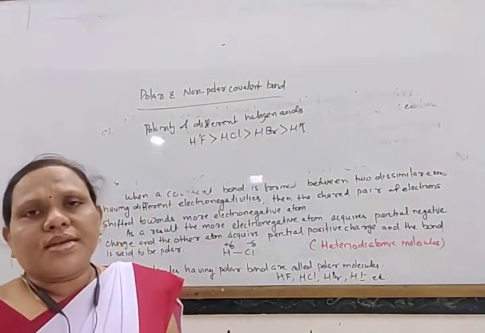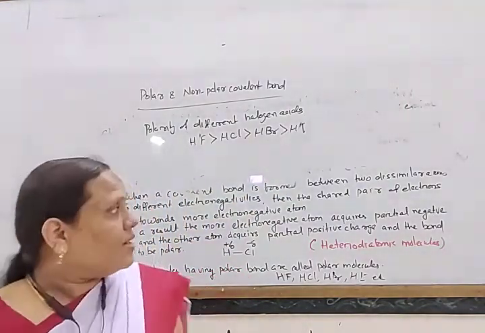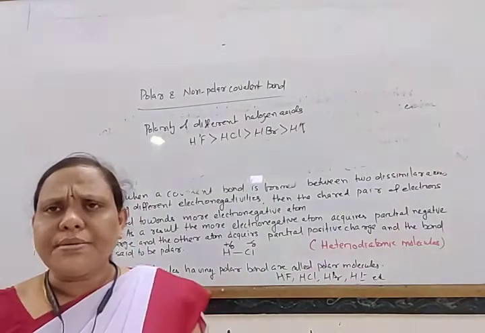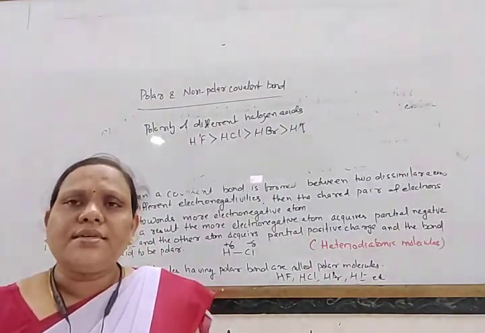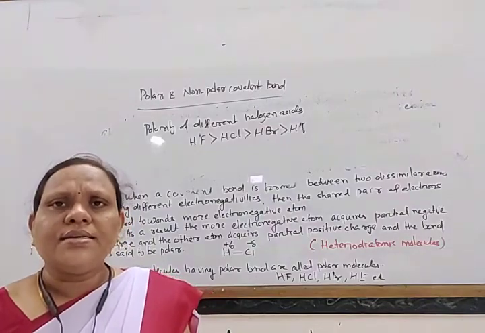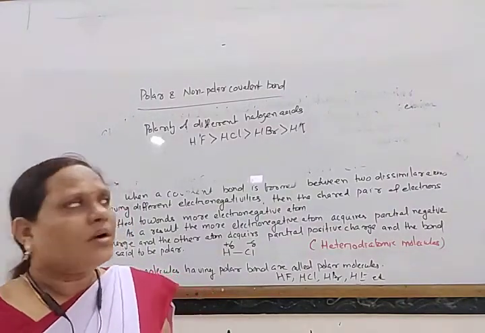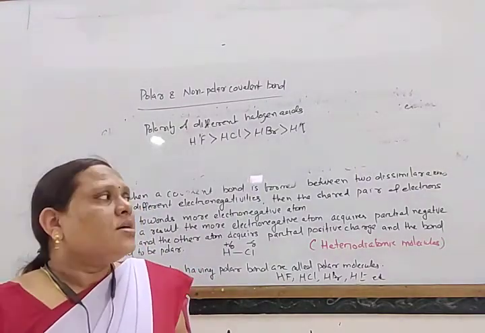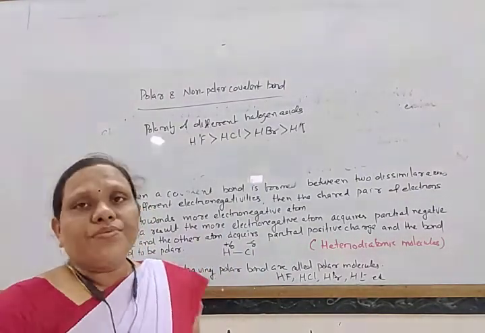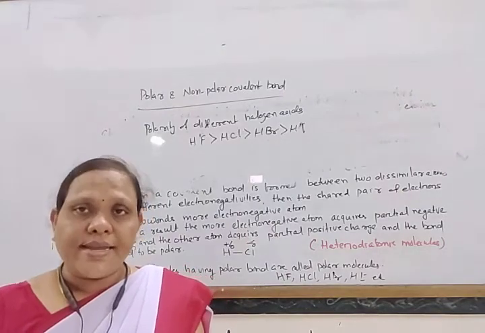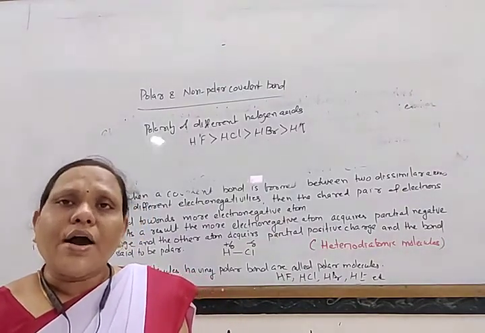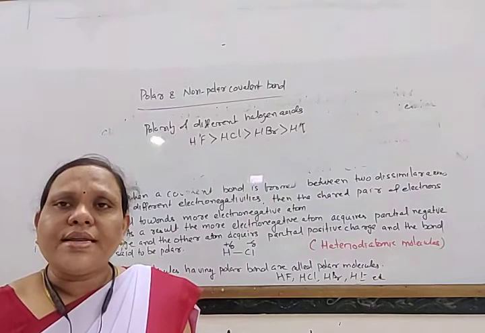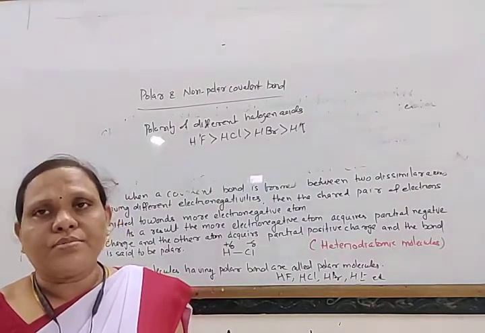Again, if the electronegativity difference between two atoms is greater than 1.9, that becomes an ionic compound, otherwise it is a covalent compound. In this way we can know what is polar and non-polar for a diatomic molecule. And how can we determine the polarity of a polyatomic molecule?